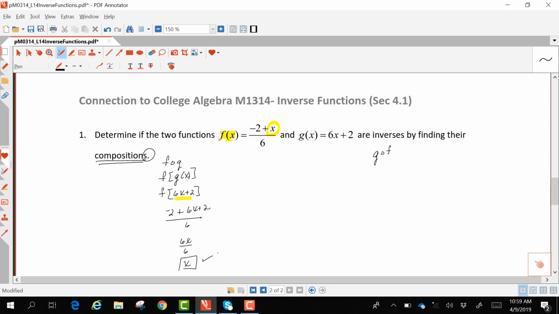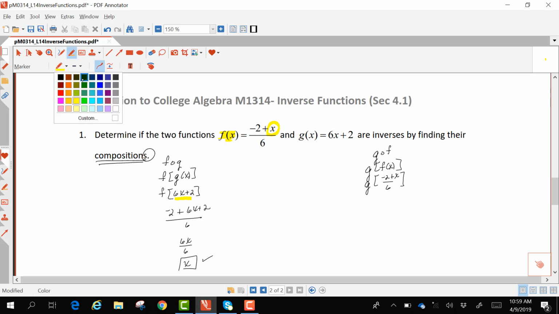Now I need to do the g composition f and see if it also results in x. This would be g of f of x, which is g of the negative 2 plus x over 6. Now I'm referring to the g function. So now I go to the g function. Let me get a highlighter color that's hopefully a little nicer.